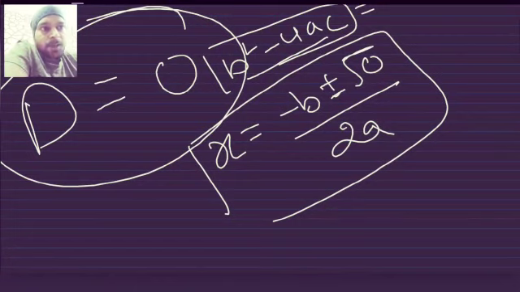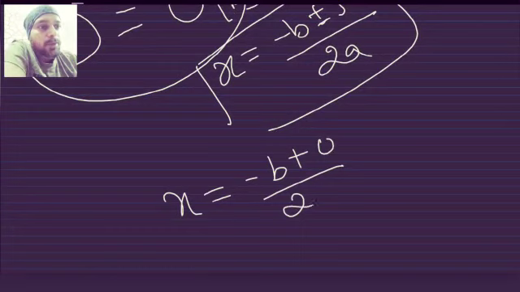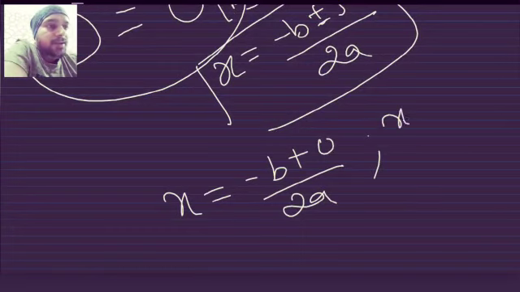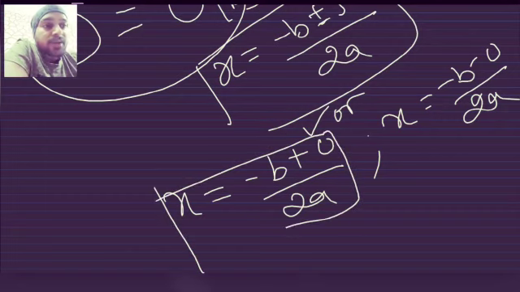Is it clear? Now one value of x will be x is equal to minus b plus 0 upon 2a, because under root of 0 is going to give you 0, and the other value of x will be equal to minus b minus 0 upon 2a. When you add 0 to minus b and when you subtract 0 from minus b, in both conditions the value is going to remain the same.